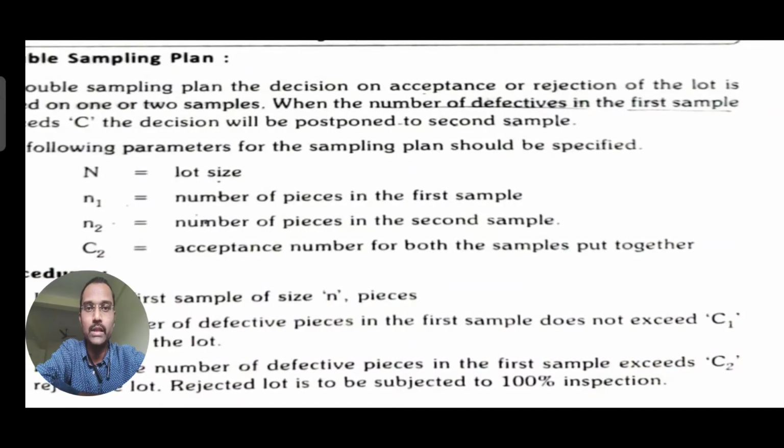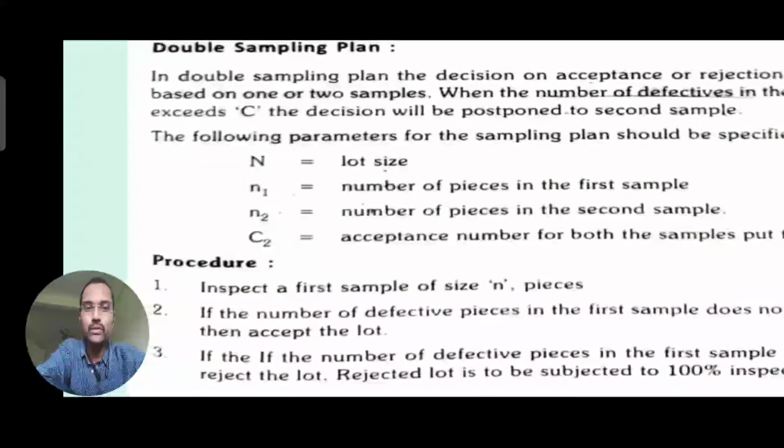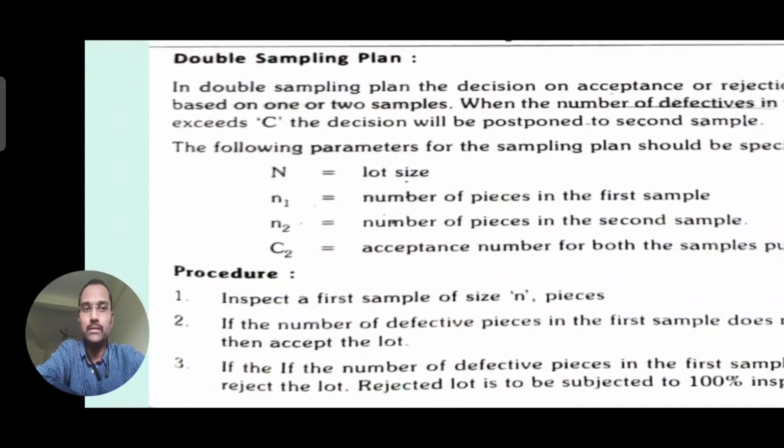Next case, if the number of defective pieces in the first sample exceeds C2, so that means more than two defectives are found, the lot is automatically rejected. Consider more than 2 items are defective, so rejection has to be done. Finally, when the complete lot is rejected, it should be sent for 100% inspection.